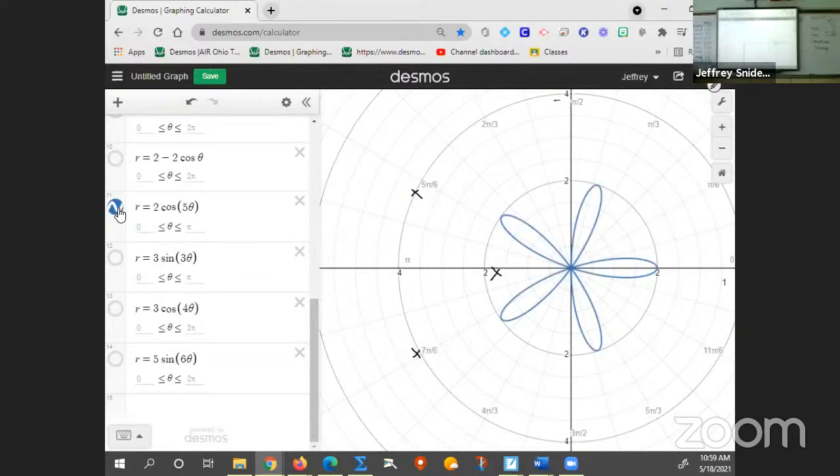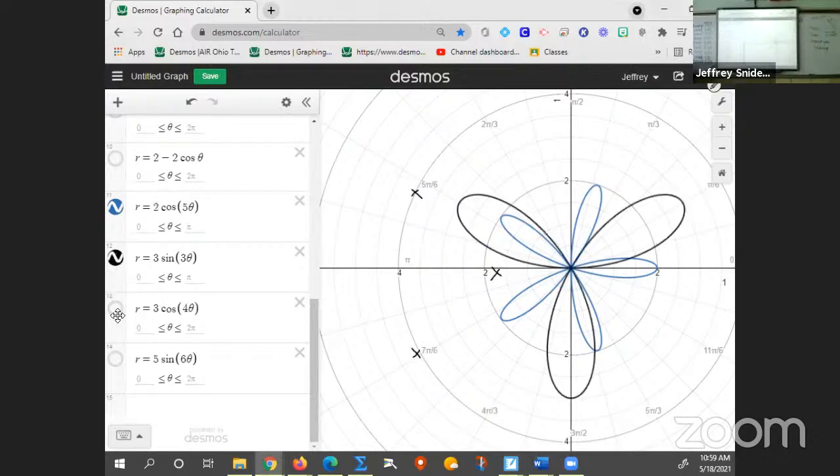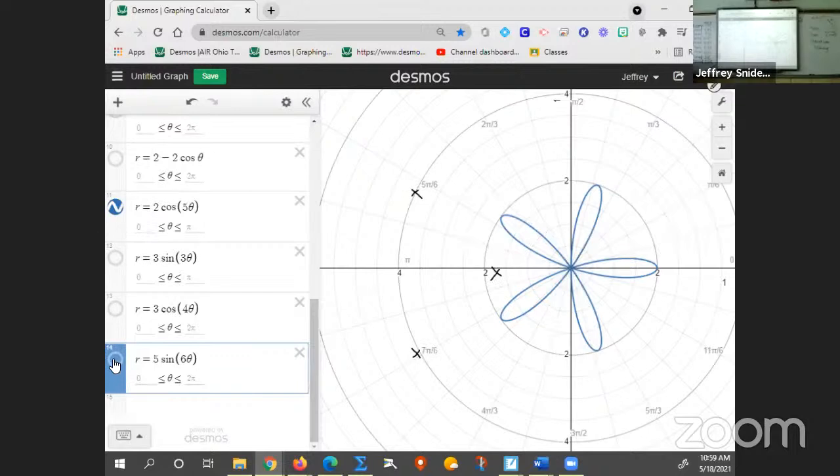Okay. Now let's answer a question right now, because one of the questions on your thing asks the following. The first question says, I'm going to graph all of these at once. The first question says, hey, what does the value of A determine? So I want you to look at this. What is the value of A on the first one here? It's 2. Guess what that is? It's the maximum length of these.